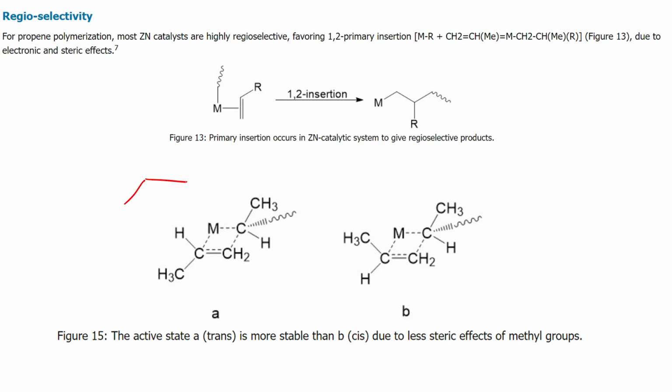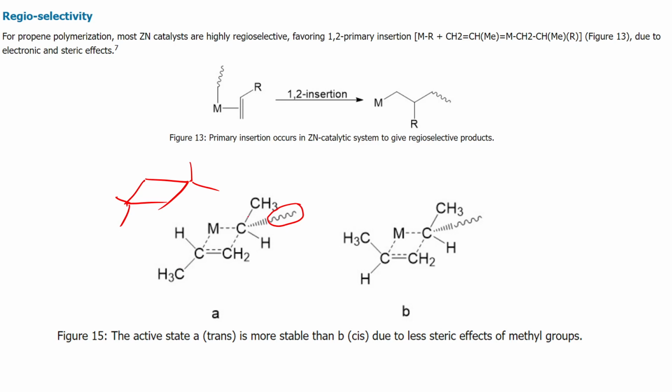Right. Now, in 3D, we can see why it is happening. So the selectivity depends upon these two relationships, and that can be governed by the bulkiness of this particular unit. After this insertion, how this should be forming depends upon whether they are cis or trans.